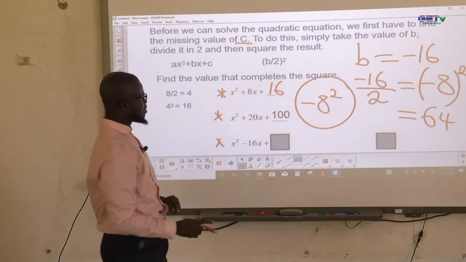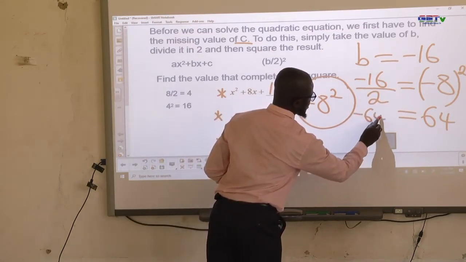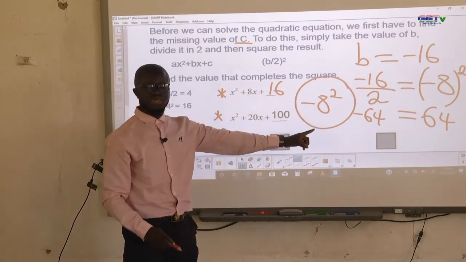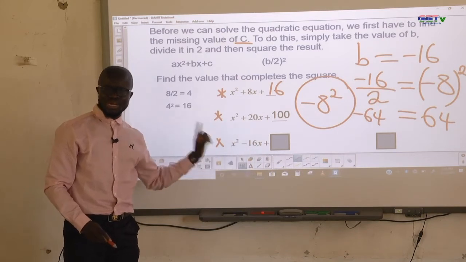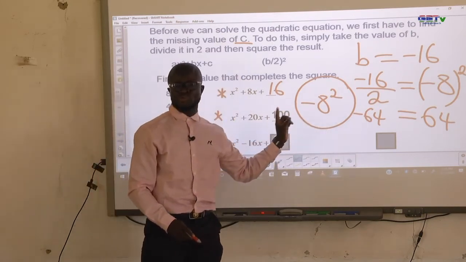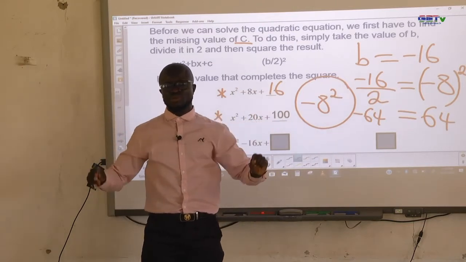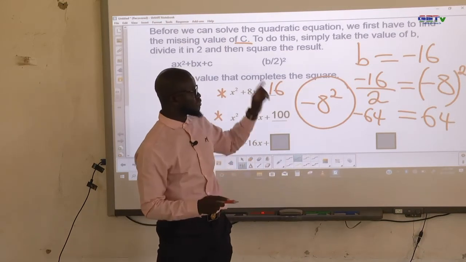But the answer you are going to get is going to be -64. And this answer does not suit the example that we are trying to solve. The answer obviously should be positive and not negative. So you can realize that it's the same value, but with different signs.